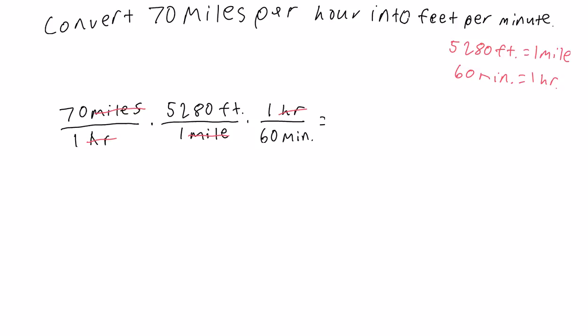So 70 times 5,280 divided by 60. Just put that all into your calculator, and that should give you a grand total of 6,160 feet per minute. And that is our answer.